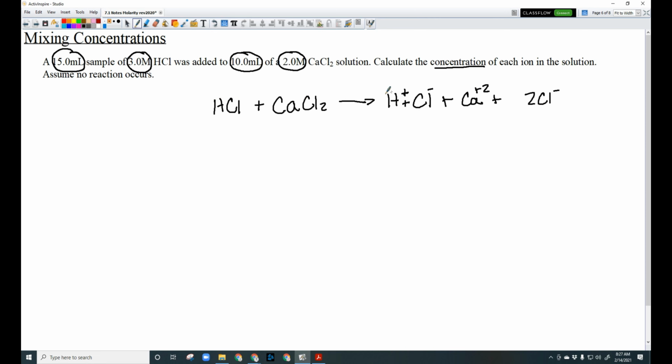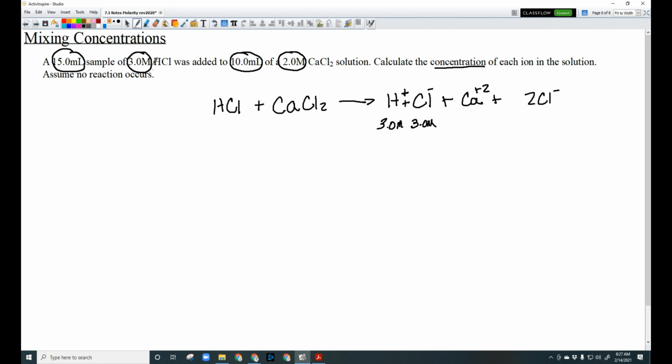All right, so hydrochloric acid is a 1-to-1, and so when it dissolves, it's 1-to-1. So if we look at the hydrochloric acid, we have a 3 molar solution. So this is going to be 3 molar, and this is going to be 3 molar. But we're adding it to this solution.